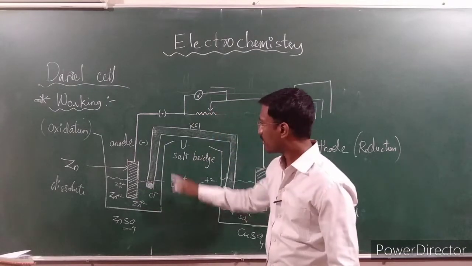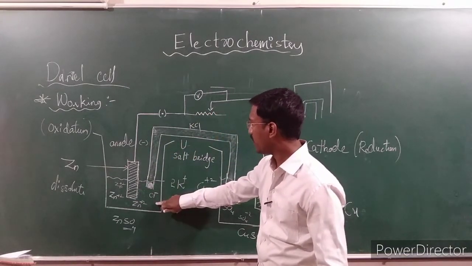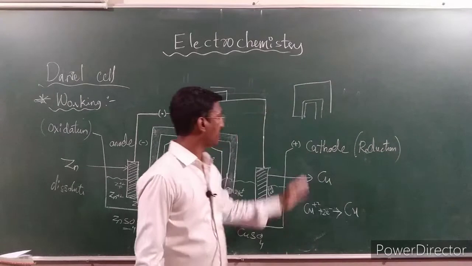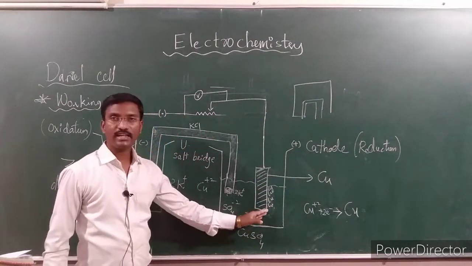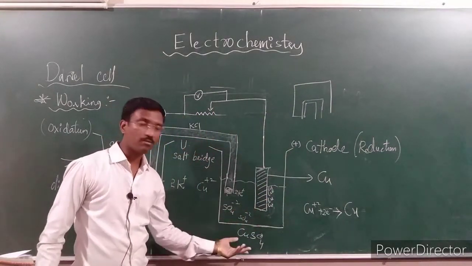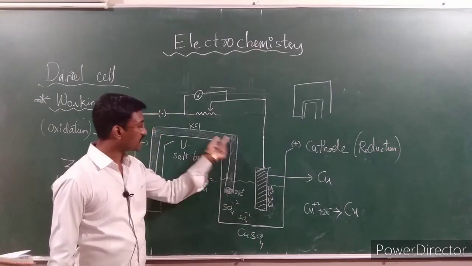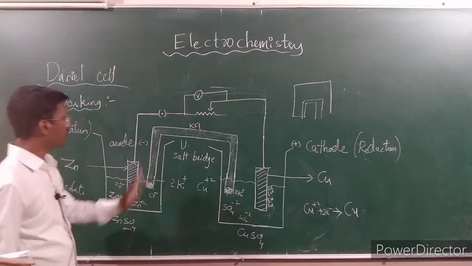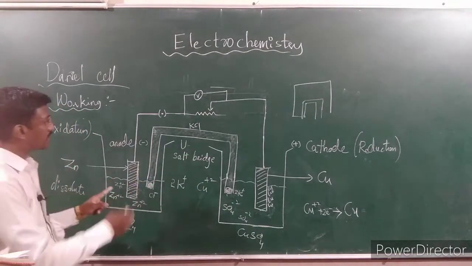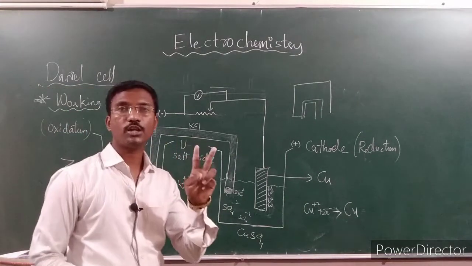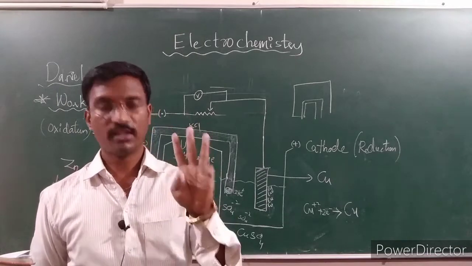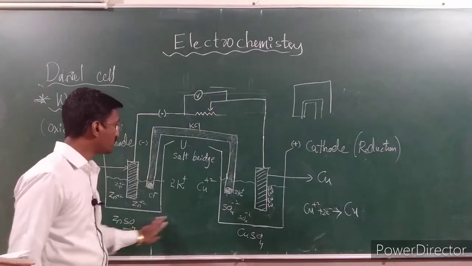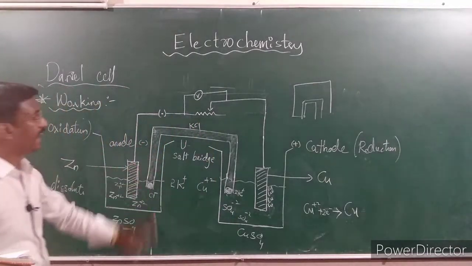It is neutralized by the transfer of chloride ions by the salt bridge. At the cathode, the number of copper ions is decreasing, so the number of anions is more. That will be neutralized by the transfer of positively charged potassium ions. So the salt bridge acts as a bridge between the two electrodes, completes the circuit, and is used for the neutralization of cations and anions in the anode and cathode.